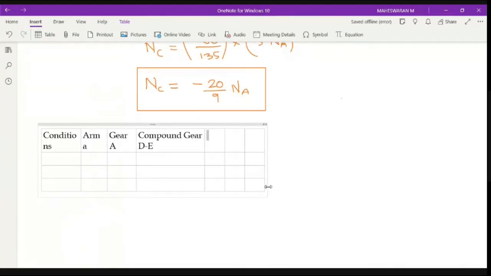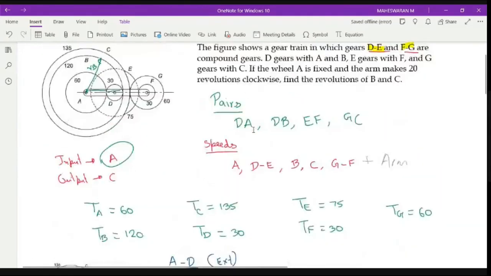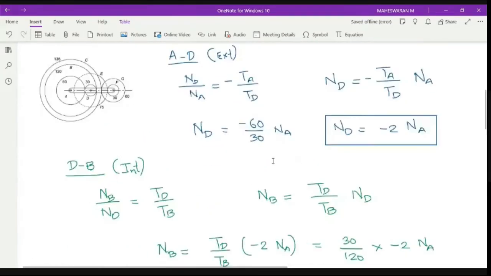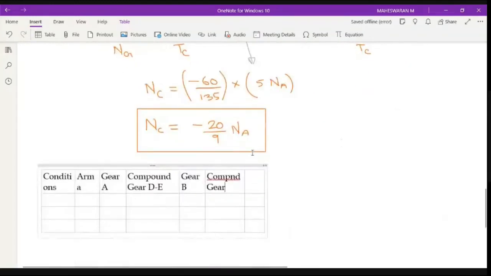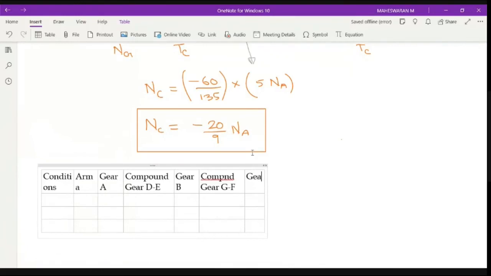Next, gear D, gear B. Next, again another compound gear, GF, and last gear C, right?